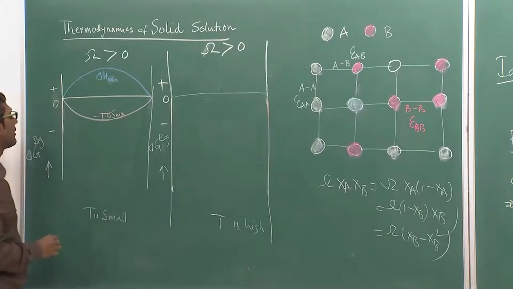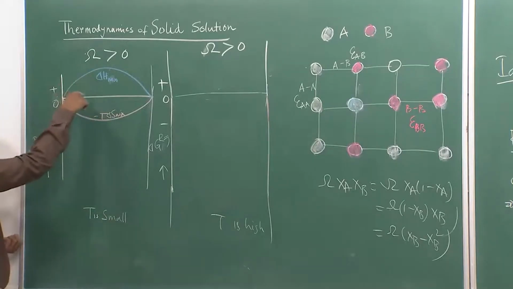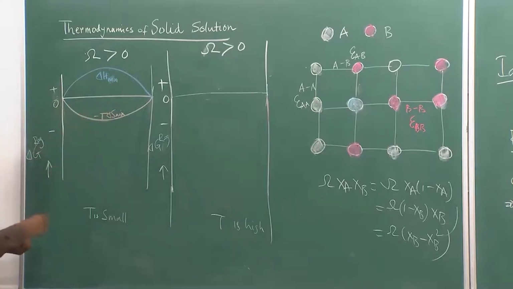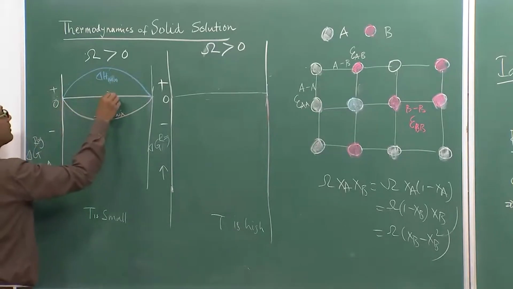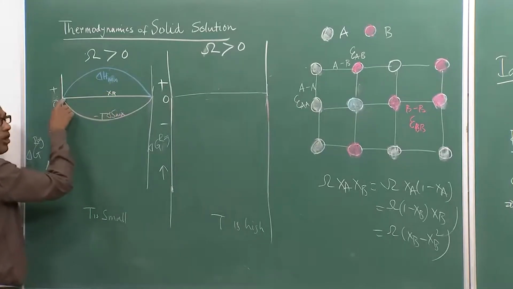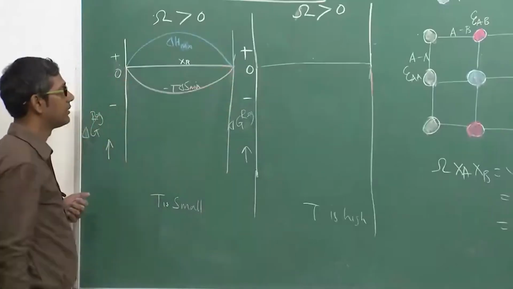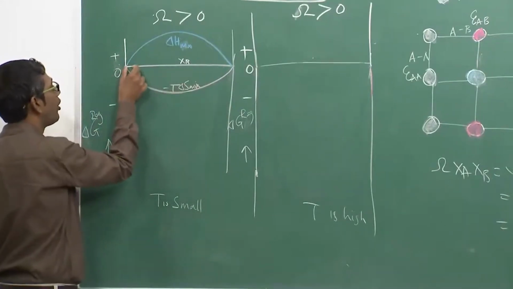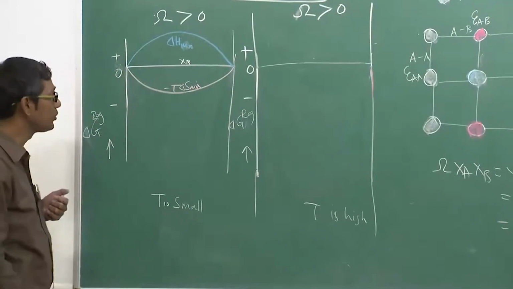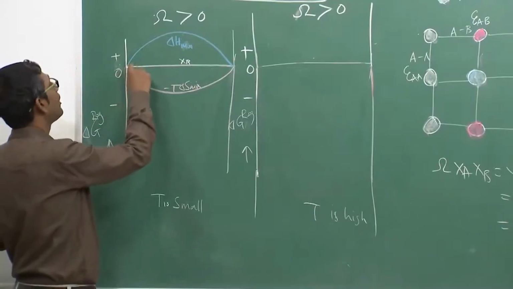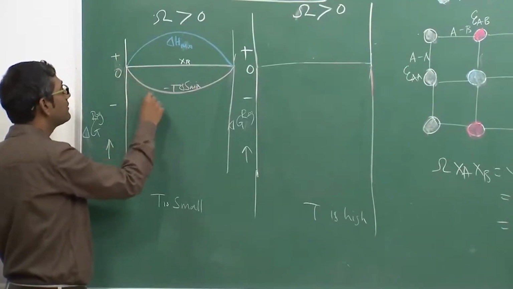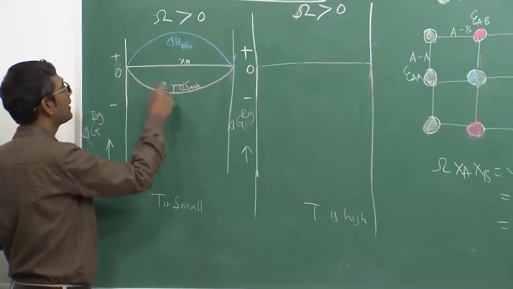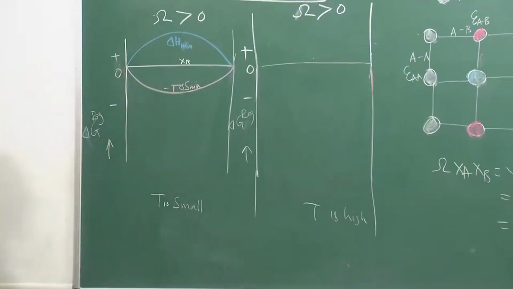Okay, what will happen to delta G mix? That is where the interesting situation comes, because delta G mix is the summation of these two, one positive, the other negative. As you see here, this is a function of XB. When XB is small or XB is very high, in these two zones, the values of delta H mix and T delta S mix are almost similar.